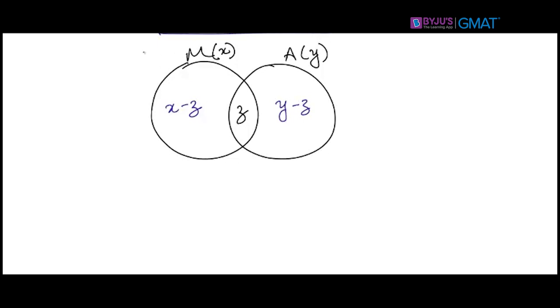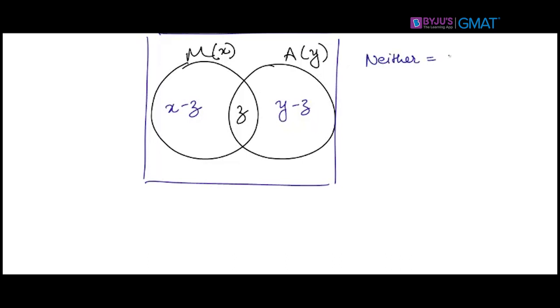And the total number, so clearly the total number is 5,000. So I want to find out how many people did not choose either of them. So neither will be equal to total minus people who chose only music, that is X minus Z, people who chose only art, that is Y minus Z, plus people who chose both.